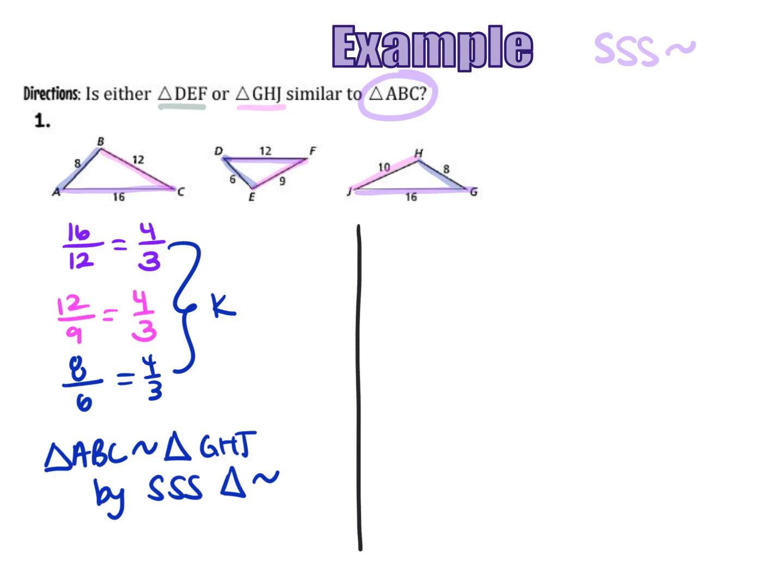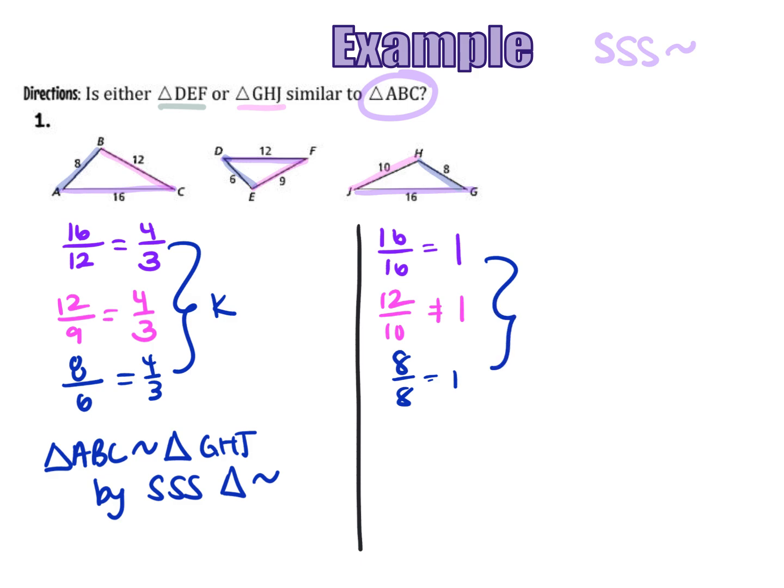So go ahead and pause the video and do that, and then unpause the video and see how you did. All right, the longest side in both triangles is 16, so that's actually going to give me a ratio of 1. The second largest sides are 12 and 10. This is not going to be equal to 1, and I actually don't even need to check the other side, which would be 8 and 8, which does actually equal 1.